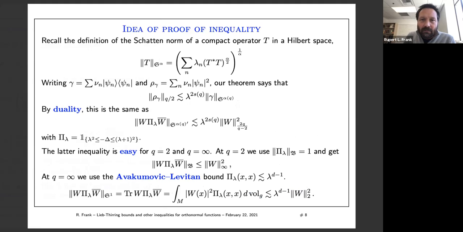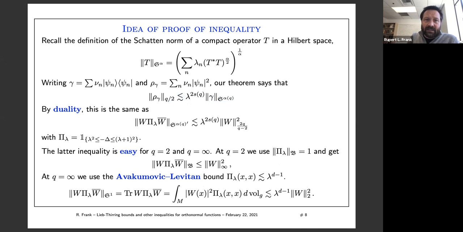Anyway, right, okay. So you can write the inequality in a compressed form as saying that a certain Q over 2 norm of a function rho is bounded by a certain Schatten norm of a certain operator gamma. So what is this operator gamma? Well, these are the psi n's, the orthonormal functions we were talking about.